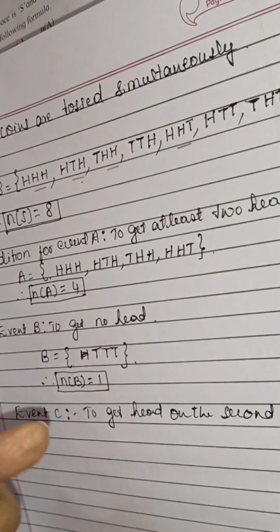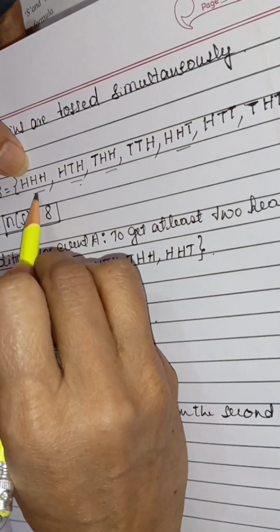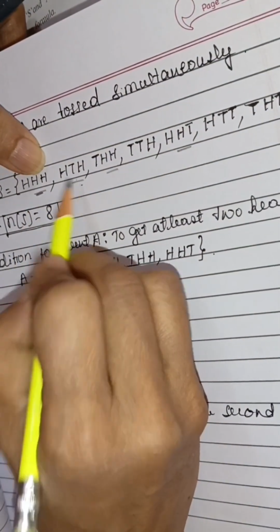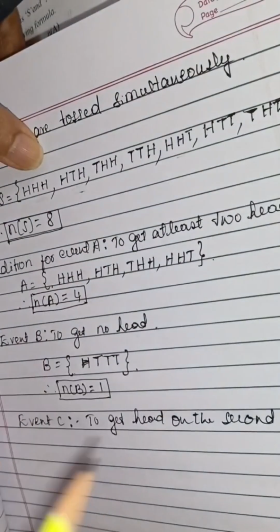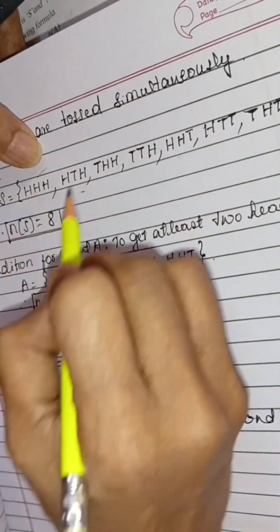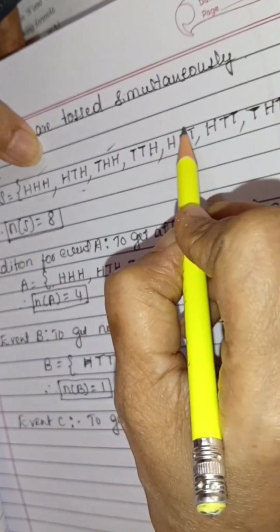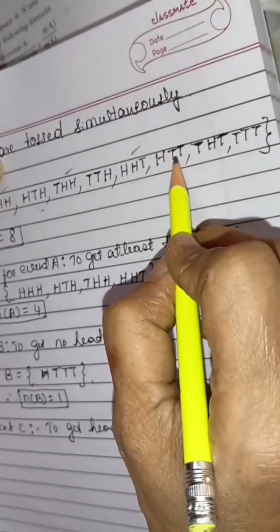See, head on the second coin, this, not this, not this, not this, only 4.